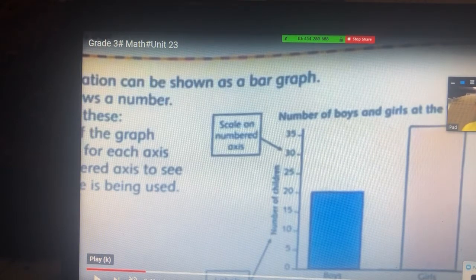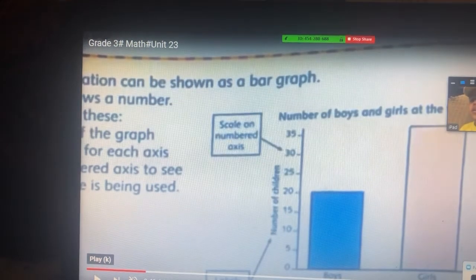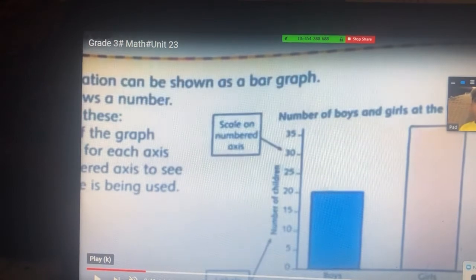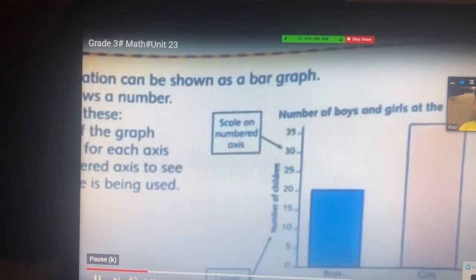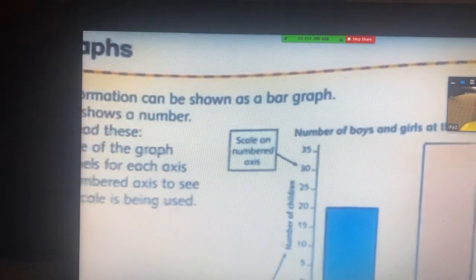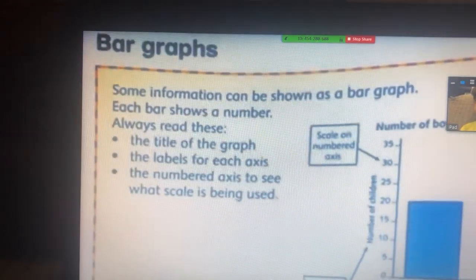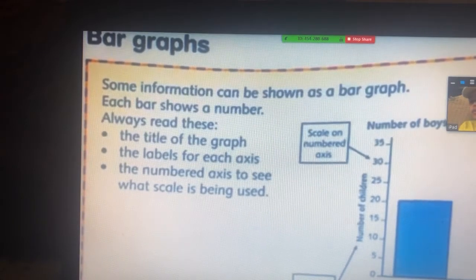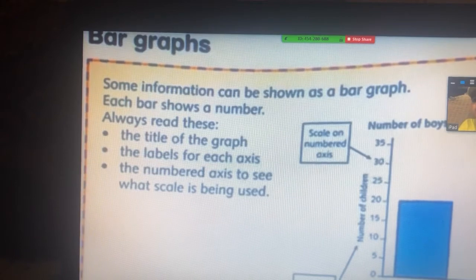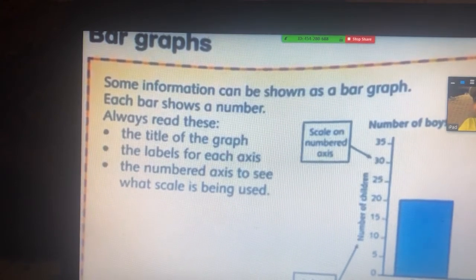Always read this. It means he wants me to focus on the most important three things. What are the most important three things in any graph? If I want to answer any graph, I have to look carefully at this part. The first part, I have to see the graph itself. Then there is a title for each graph, Yasin, because each graph is used to compare something different from the other, right?